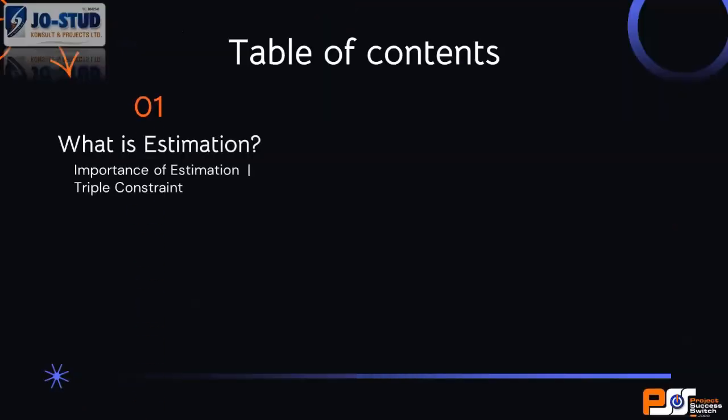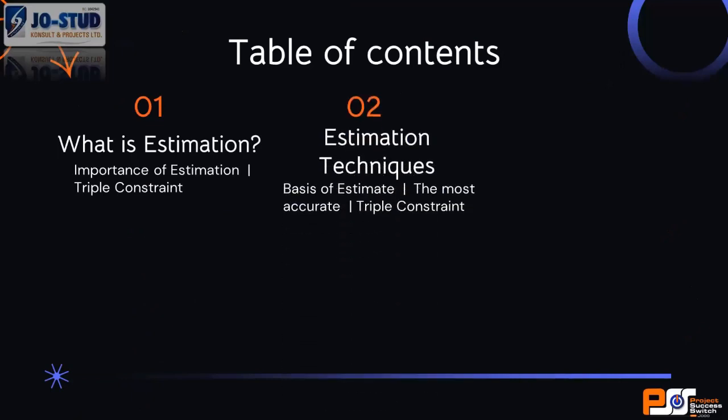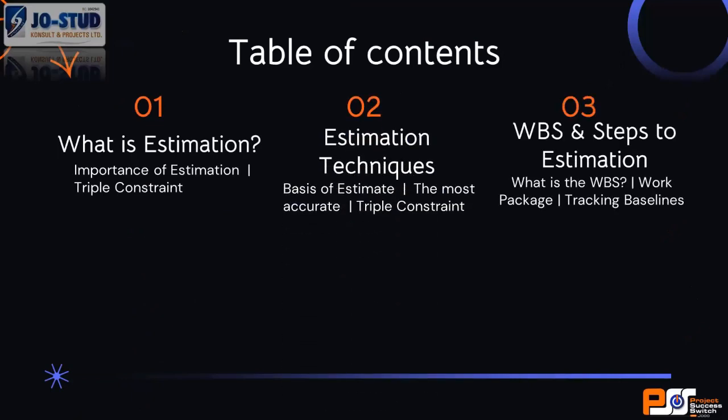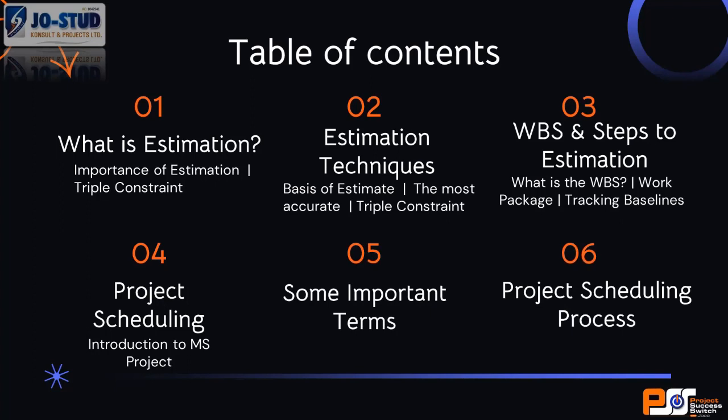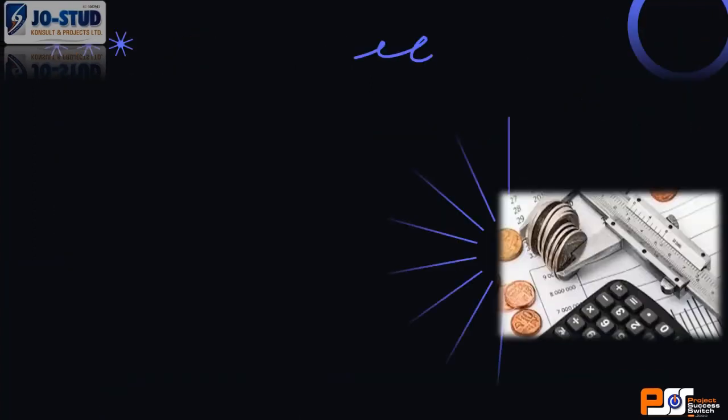So what we are going to be doing today is I'll take us through the importance of estimation, the basis of estimates, we will look at WBS in a more elaborate and detailed manner, and then we'll look at scheduling, and then we will close the class.